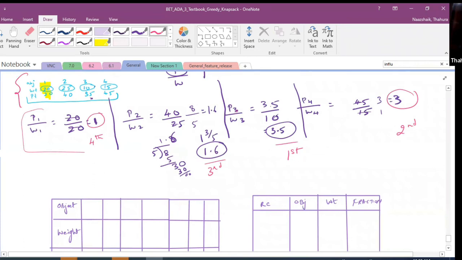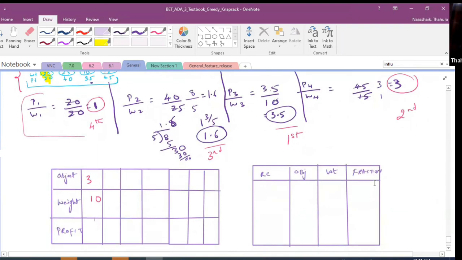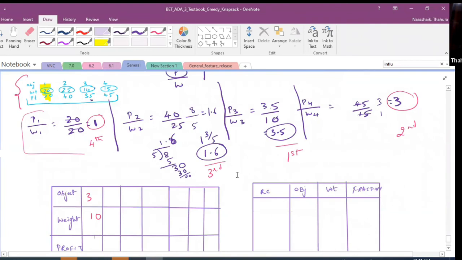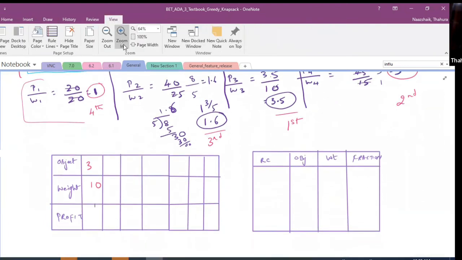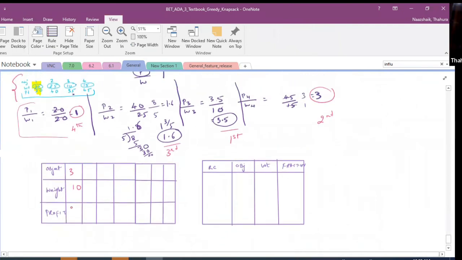So your first was the third object. So 3, 10, 35.